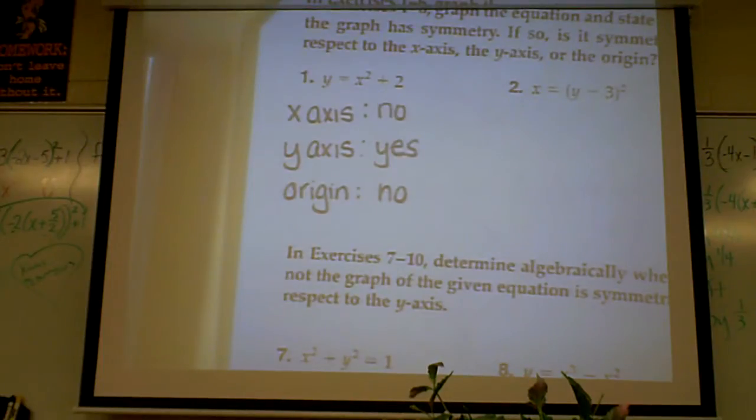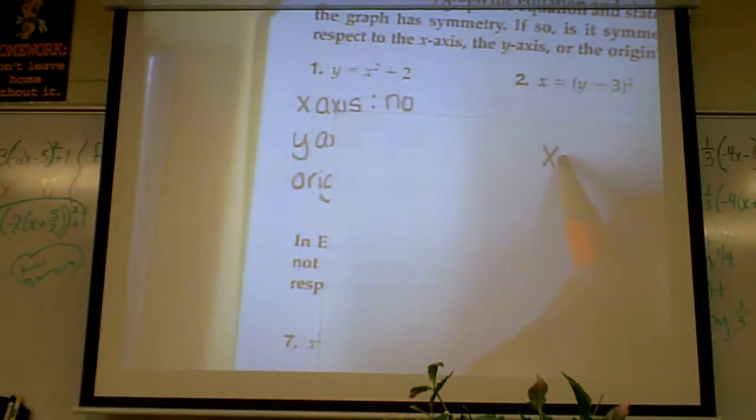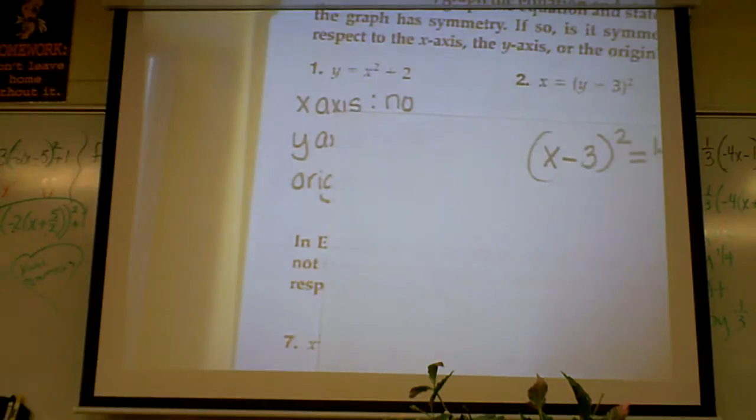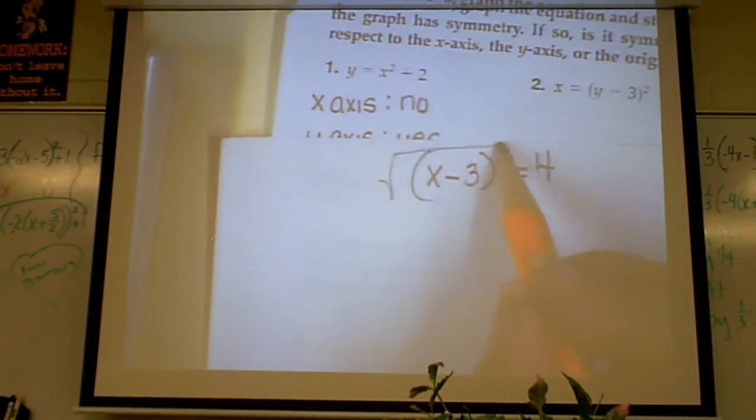You guys know how to solve this equation? If you were to use your graphing calculator, what would you do? What if this said, you remember how to solve this for x? What did you do? You'd square root both sides, right?